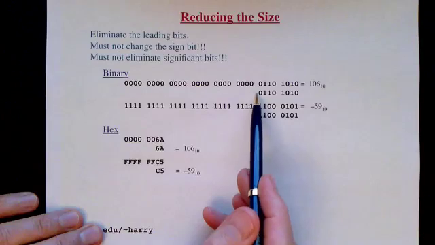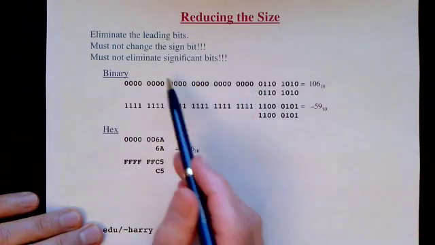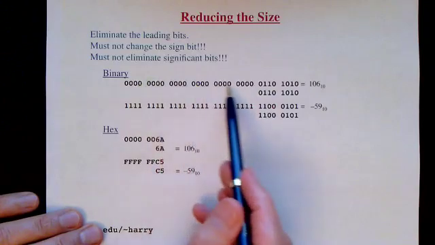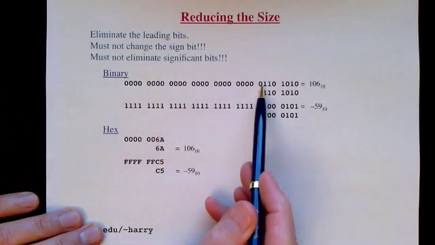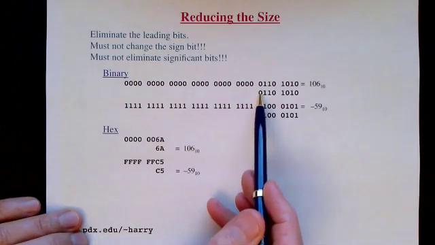And we are shrinking it down to a byte by eliminating zeros. And these are all zeros, and they are the same as the new sign bit. So we're just eliminating insignificant leading zeros.